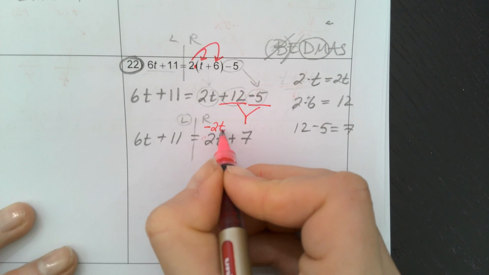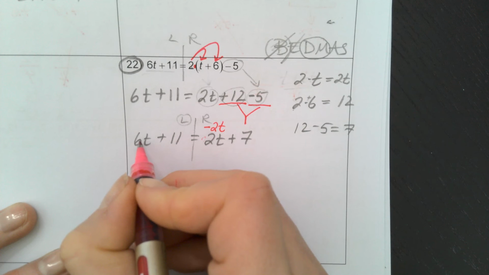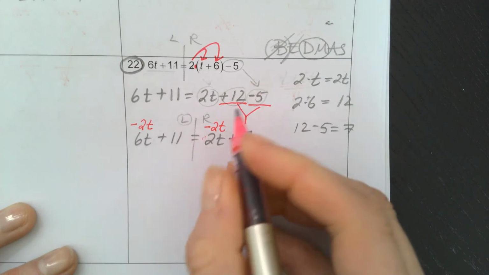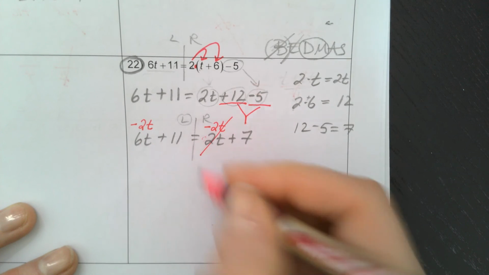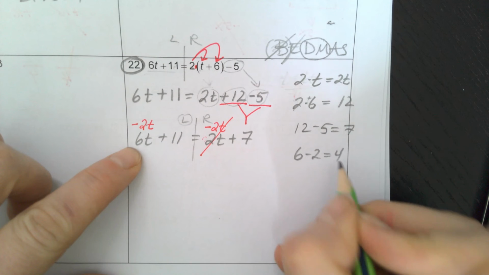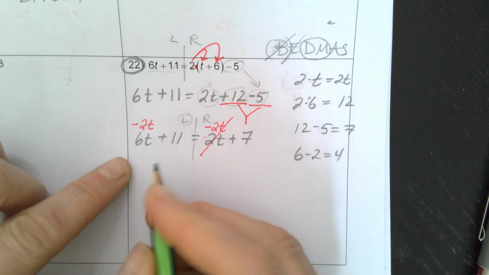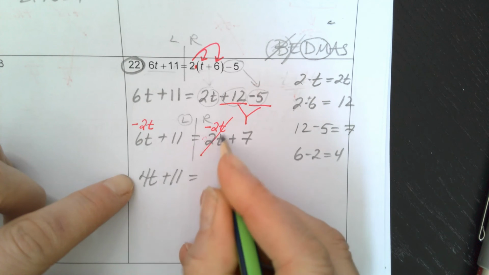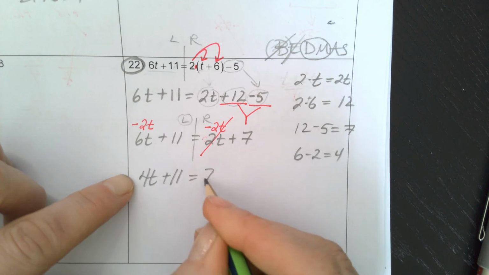Because he has a t, I have to put him with a t. We have to put the like terms together. So minus 2t. 2 minus 2 is 0. Now I have 6 minus 2, which equals 4. So that's 4t. That's gone because that's 0, so I'm just left with 7.